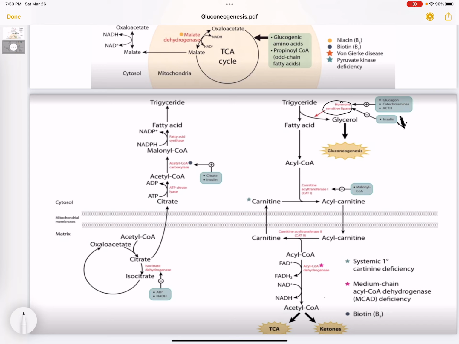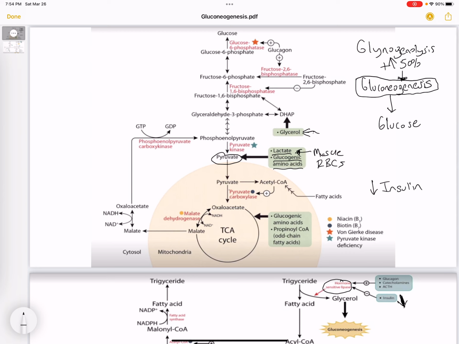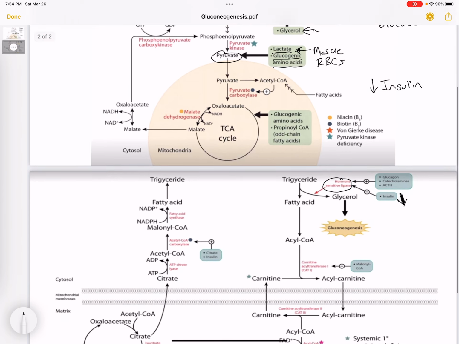Hormone-sensitive lipase is going to break down triglyceride into fatty acids and glycerol. And as we said, glycerol can then be used in the gluconeogenic pathway, entering gluconeogenesis at the level of glyceraldehyde 3-phosphate as well as fructose 1,6-bisphosphate to ultimately provide us with glucose.